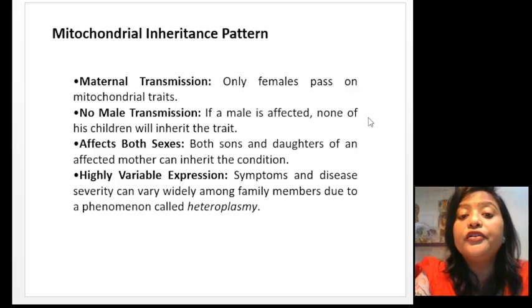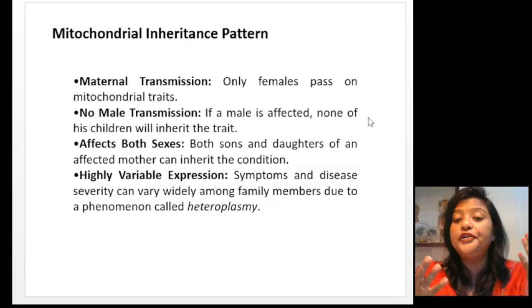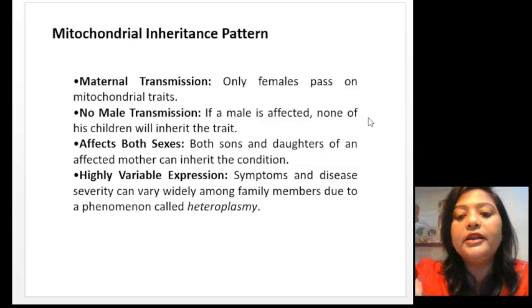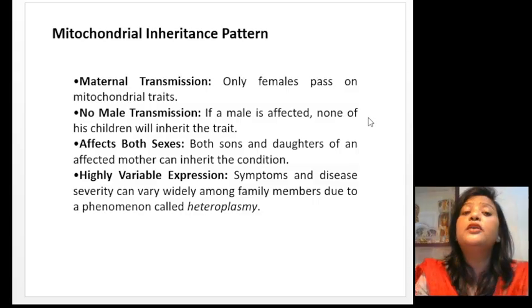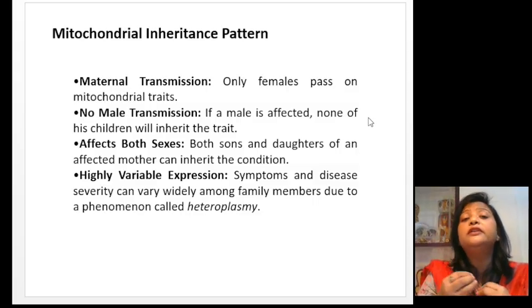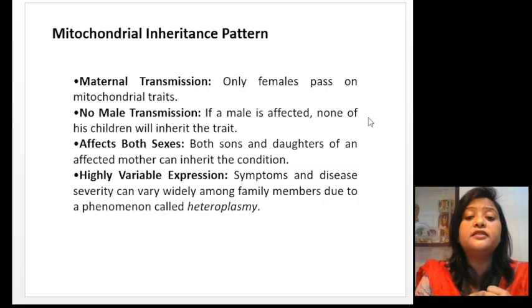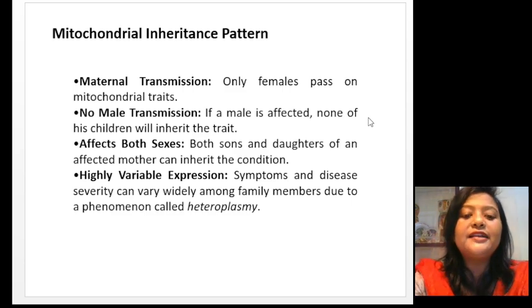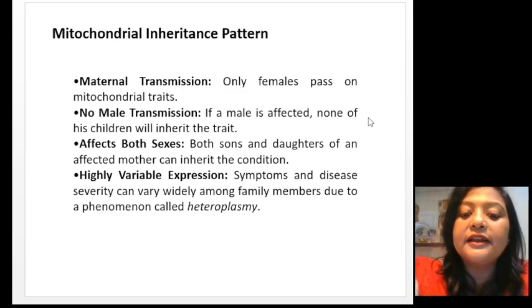Now, mitochondrial inheritance pattern. What is the pattern followed in mitochondrial inheritance? So first of all, it's a maternal transmission. Already told you that only the female, or you can say the egg cell, will pass on the mitochondrial traits. Number two, no male transmission, as already told to you, and it affects both sexes. Okay, if the mother inherits the condition and the mother is affected, both the son and daughter will be affected. Already told you in my previous slide. The last one is highly variable expression.